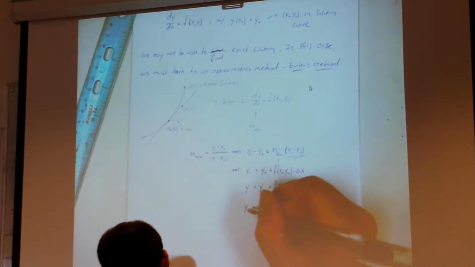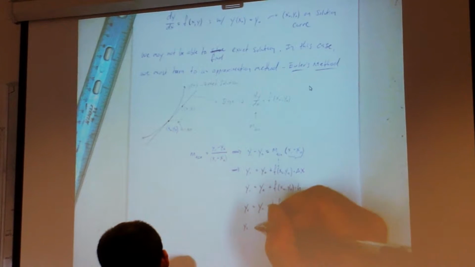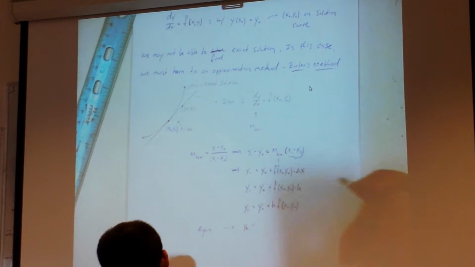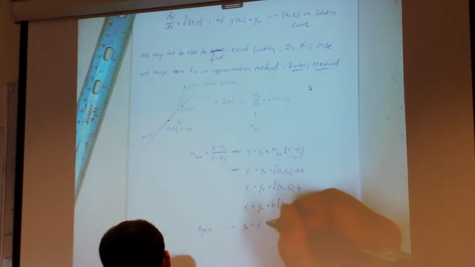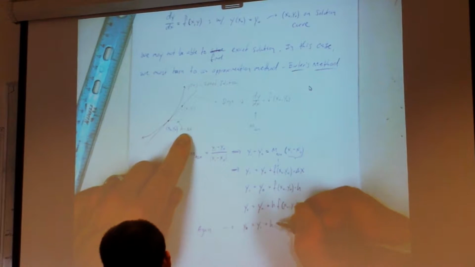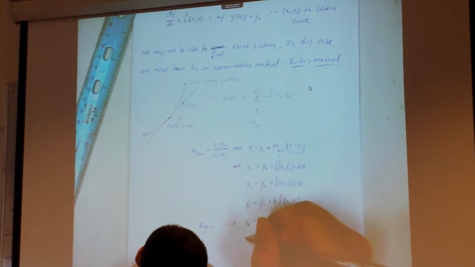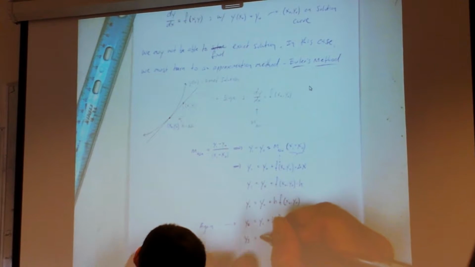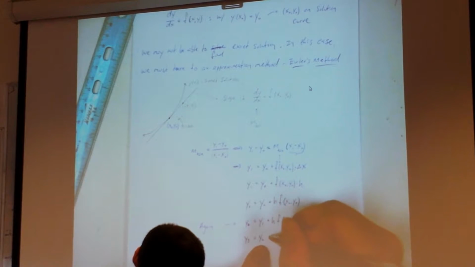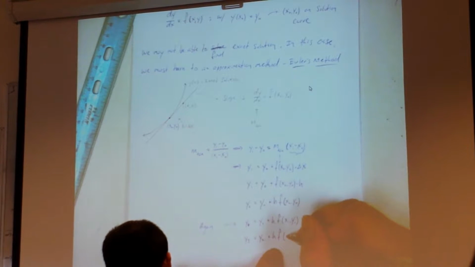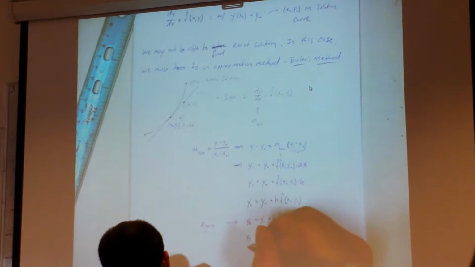If I know y1, then I can find another point. y2 is the previous y value plus that delta x, or step size, times f of x1, y1. So on and so forth. y3 is going to be the previous y value, y2, plus the same step size, we keep that constant, times f of x2, y2. And so on.